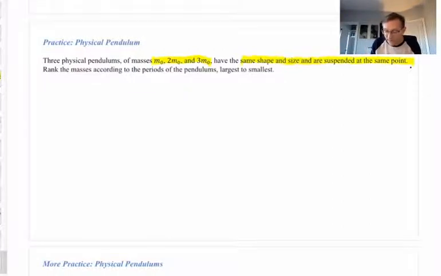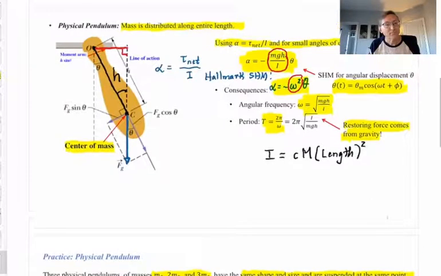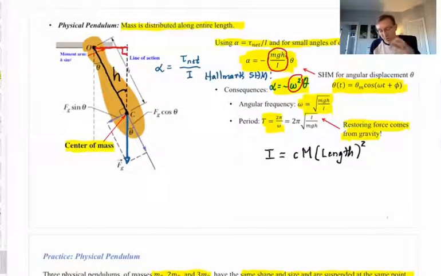So just think of this object right up here. They all have the exact same shape and size and pivot at about point O. But they must be made of different materials because they have different masses: m0, 2 times m0, and 3 times m0.